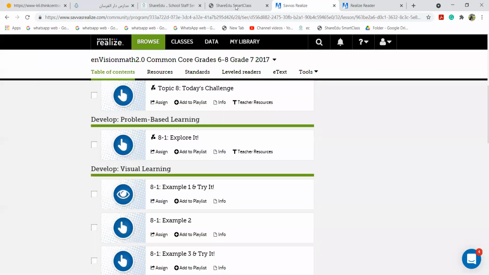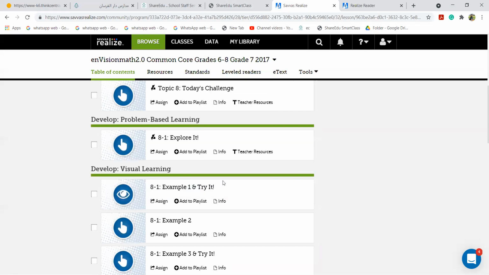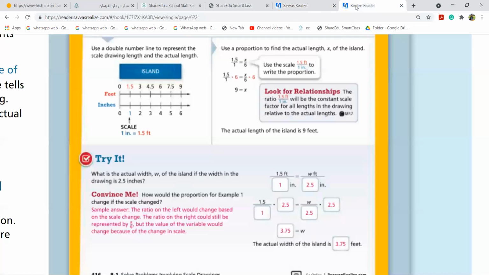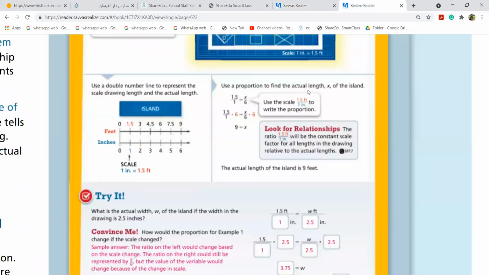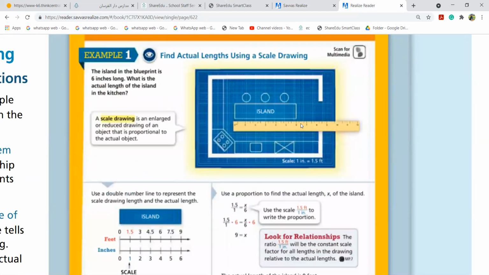For that, you need to know the proportions we studied in term 1. So let us first do the example, and then we'll start with the try it.